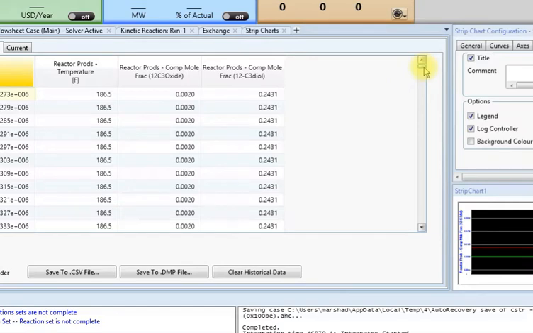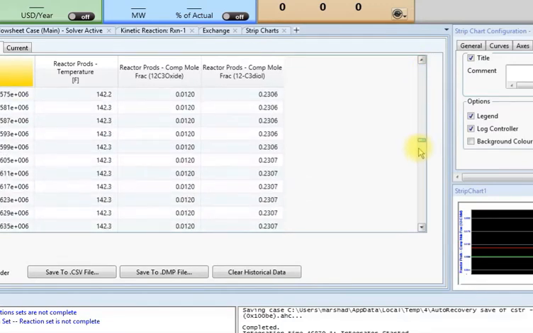So when conversion decreases, the concentration of the reactant should increase. So from 0.002, we should see a rise, and you can see it rises to 0.012.